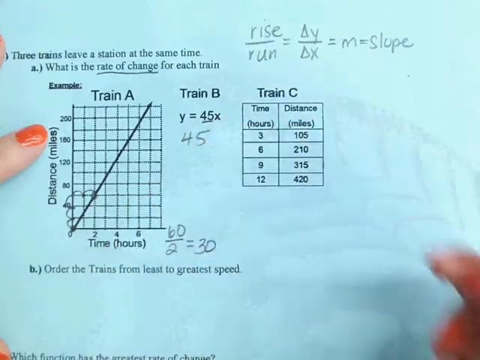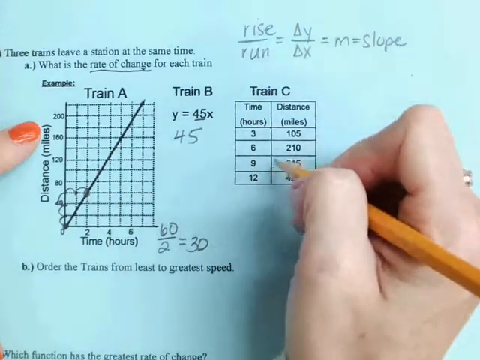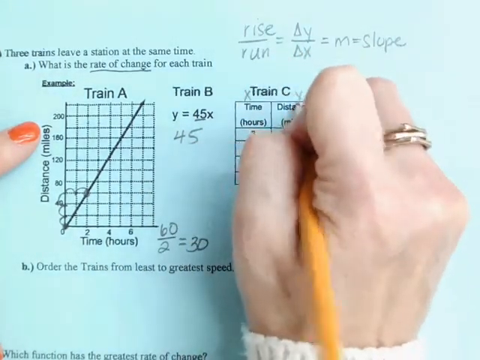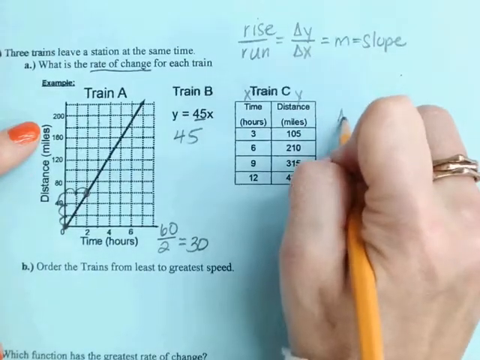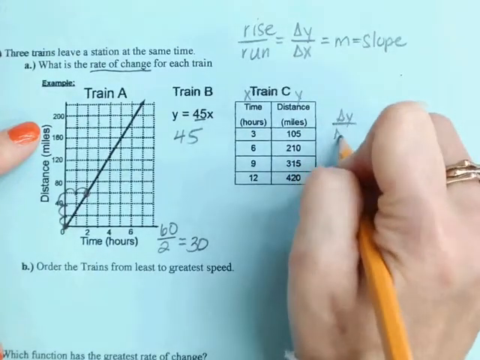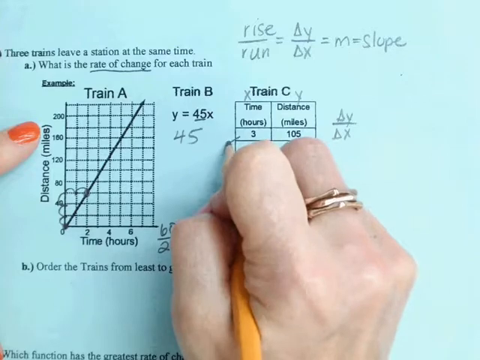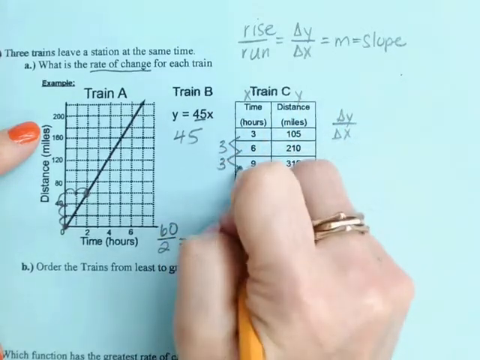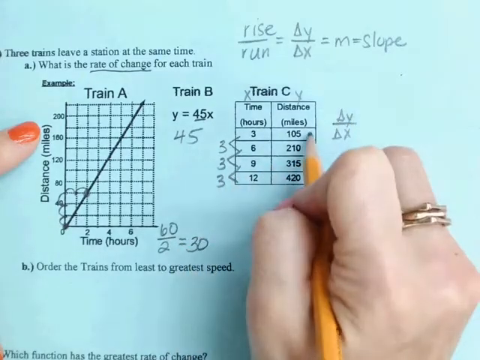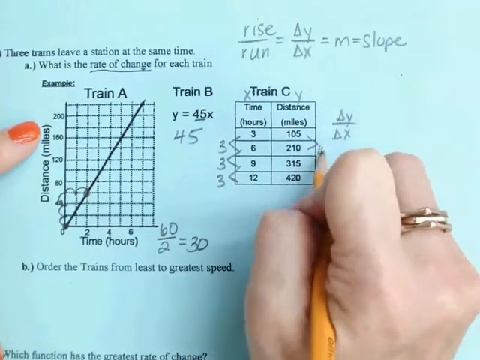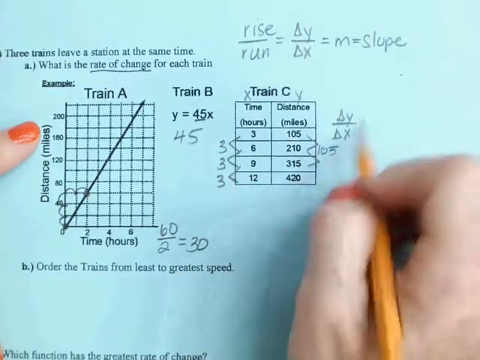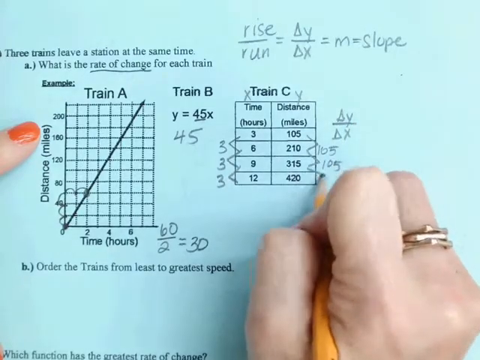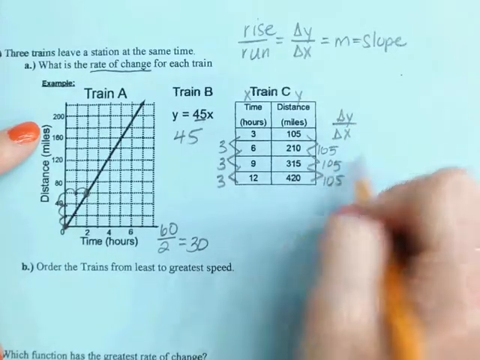It's 45. For train C, remember our table is XY. So it's the change of Y over the change of X. So 3 to 6 is an increase of 3, 6 to 9 is an increase of 3, and then 9 to 12, increase of 3. 105 to 210 is an increase of 105, another 105, and then lastly 105.